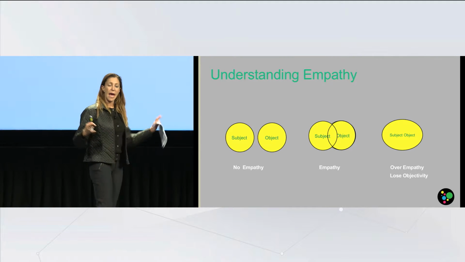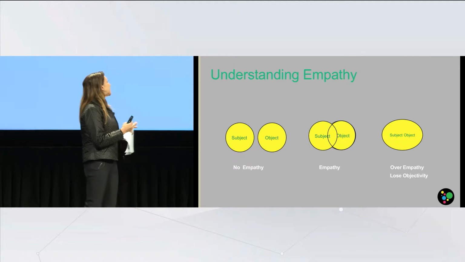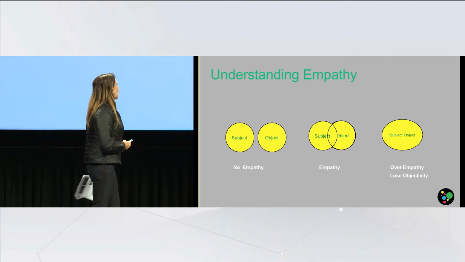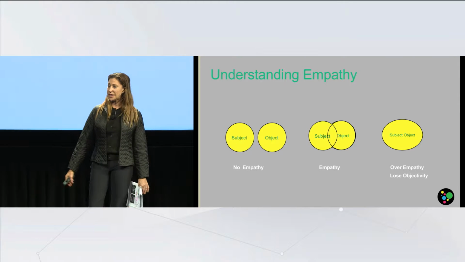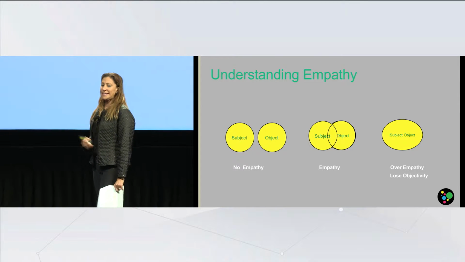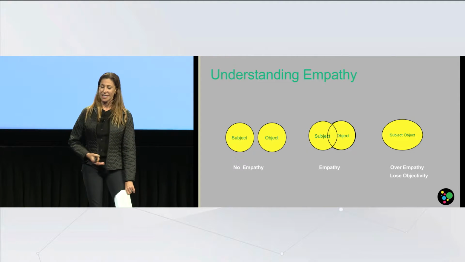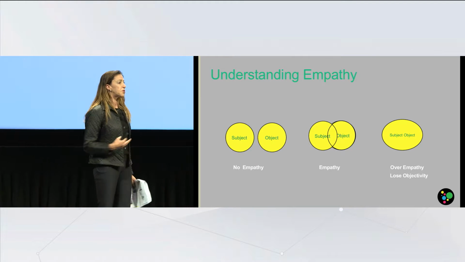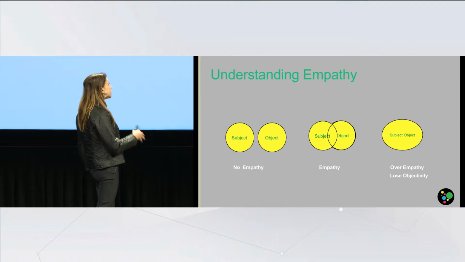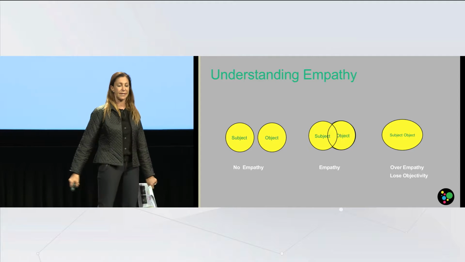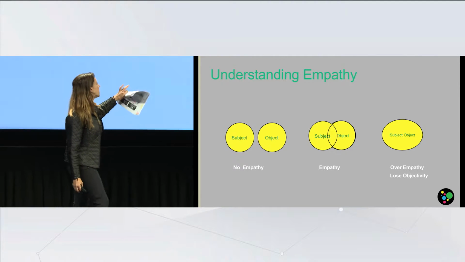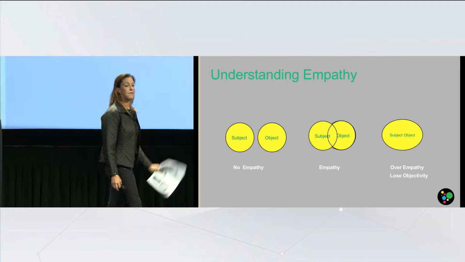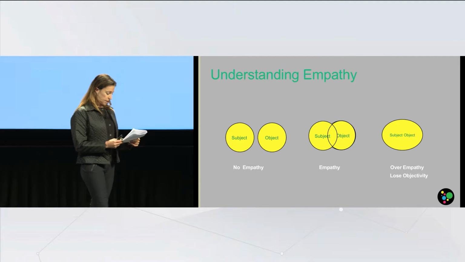Empathy really is an intersection of the two. And finally, too much empathy means that you're over-identifying and over-projecting. In terms of psychology, you're projecting yourself way too much into that, and you lose all objectivity. So it really is still keeping your objectivity and looking at the player, but still having an understanding and feeling for that.